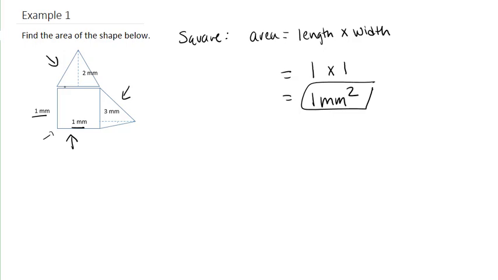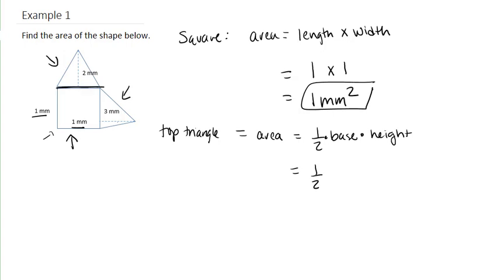And so now we have a triangle. Let's do the top triangle. So the area of a triangle is 1/2 base times the height. So how to calculate this? We get 1/2. Now, our base of this triangle is just 1 millimeter.